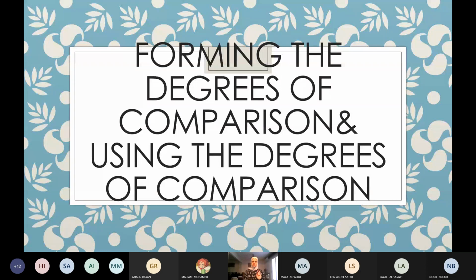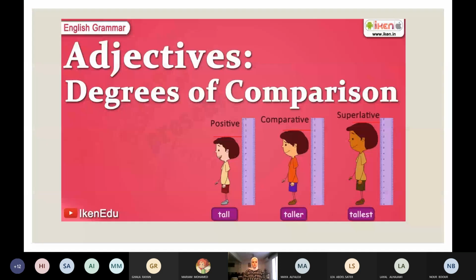We'll take 2 lessons as usual. We'll take forming the degrees of comparison and using the degrees of comparison, understanding what it is, and then how to use it. Number 1, okay. We have a positive sentence when I say Jane is tall, or Mike is tall, Mike is smart, Jane is smart.